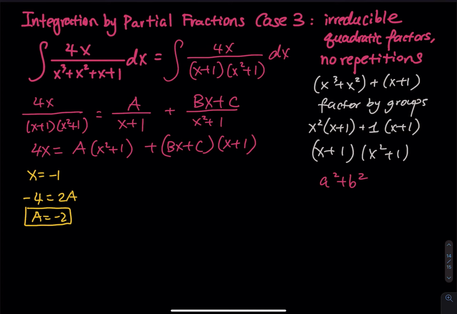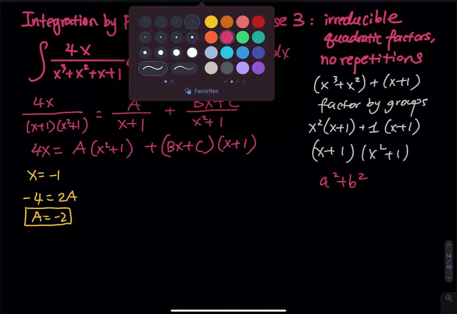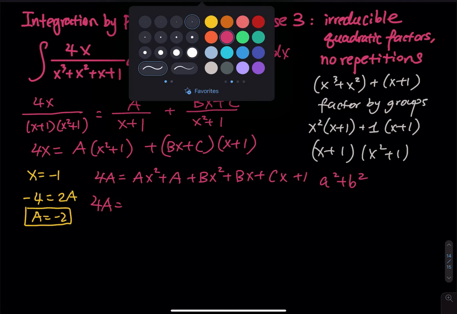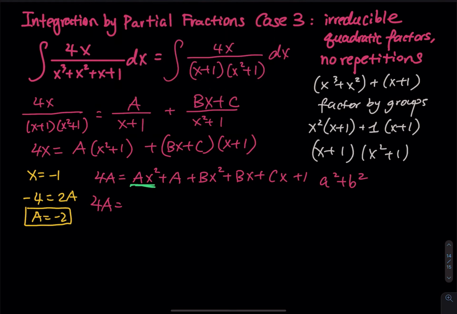So 4x, let's stick with the red. 4x is equal to ax squared plus a, and then plus bx squared plus bx plus cx plus c. And then you group all the x terms together. So we have the x squared terms, and then we have the first power terms, and the constants.